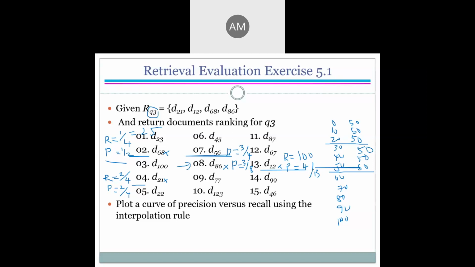At this stage, this is 75%, which is here. So this is 3 over 8. And then the last one is here. So this is 4 over 13. Then you can plot the graph. Okay, now we have 3 queries, right?